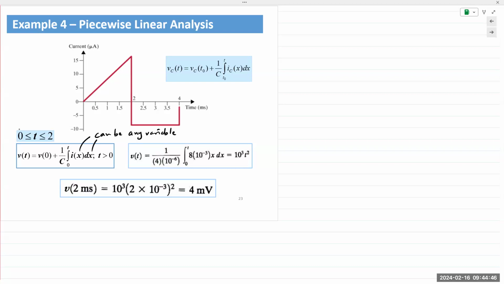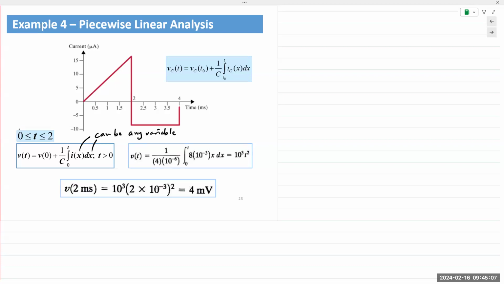Again, note, since I want to find the voltage as a function of time, I'm setting the limits of the integral as 0 to T. That zero is not necessarily 0 on the axis.